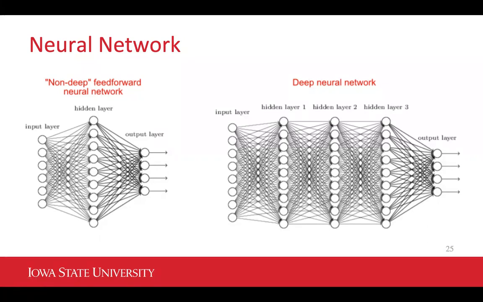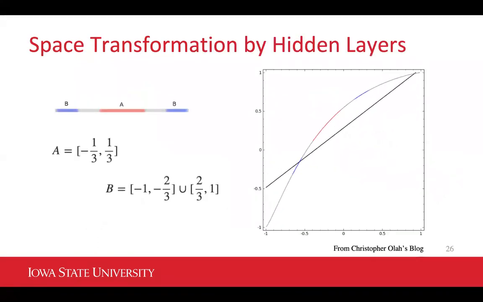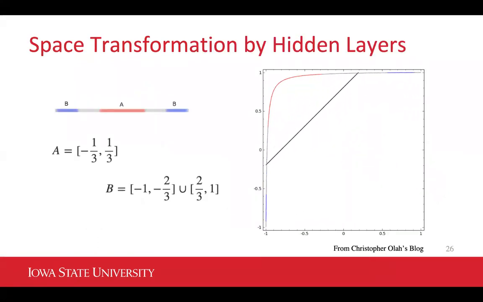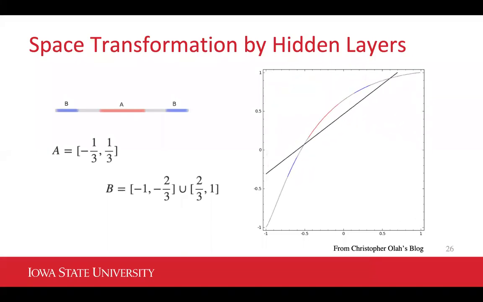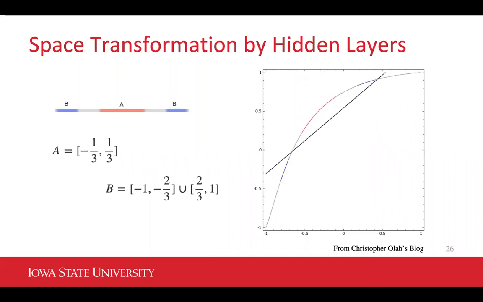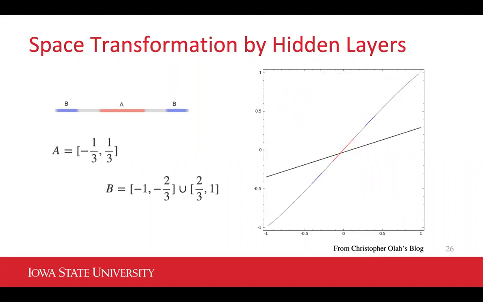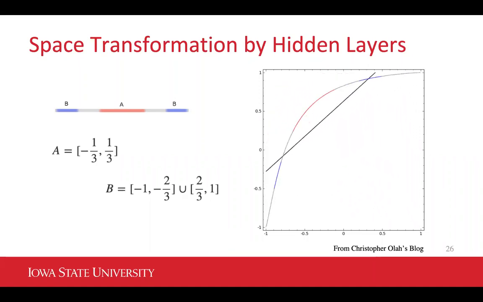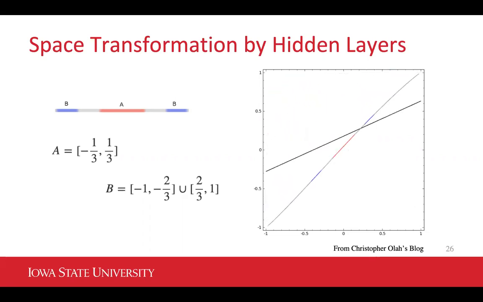Okay. So why does this method work? Why does this neural net work? Let me give you an illustration here. The idea is in some sense similar to the idea of support vector machine, that we want to do a transformation on the original variable.